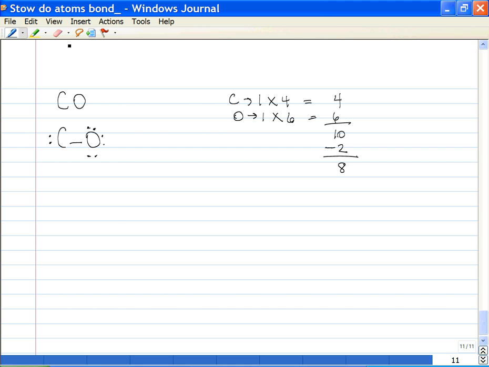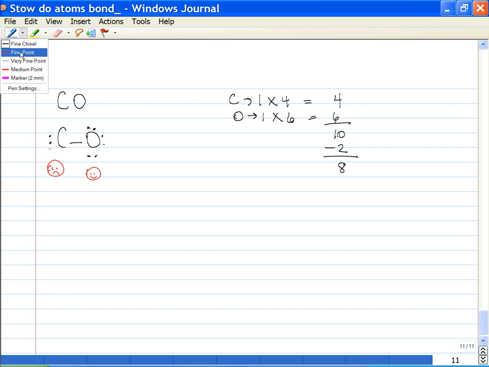Now when we evaluate it, we want to make sure every atom has a complete octet around it. Does carbon have a complete octet? No, it's unhappy. It does not have the 8 electrons it needs. What about oxygen? Oxygen is happy. Oxygen is fine. So what we now need to do is figure out how we can rearrange the electrons so we can share them between the two atoms and make both sides happy.